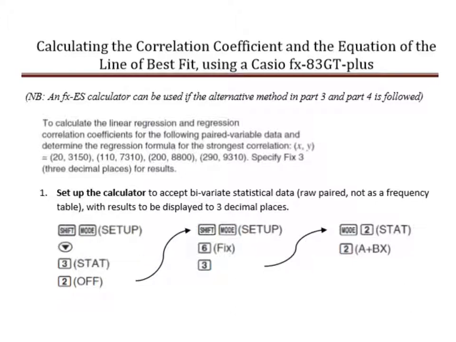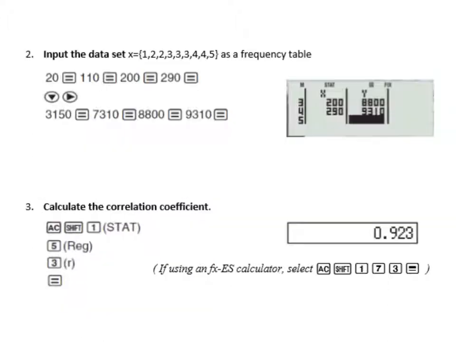Then again, Shift and Mode, which is for setup, then 6, which is fix, and 3. So you're fixing to 3 decimal places. And then Mode 2 for stats, and 2 for A plus BX. So again, you don't have to fix to 3 decimal places necessarily, you can just round off at the end.